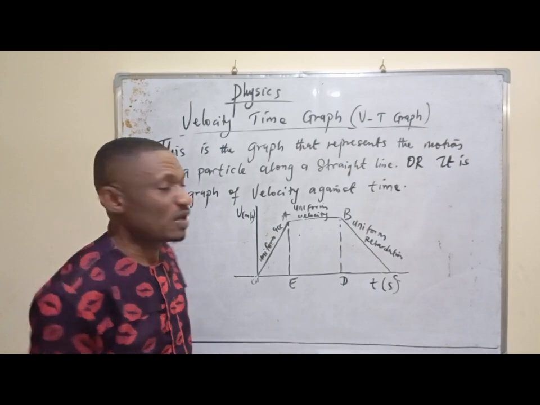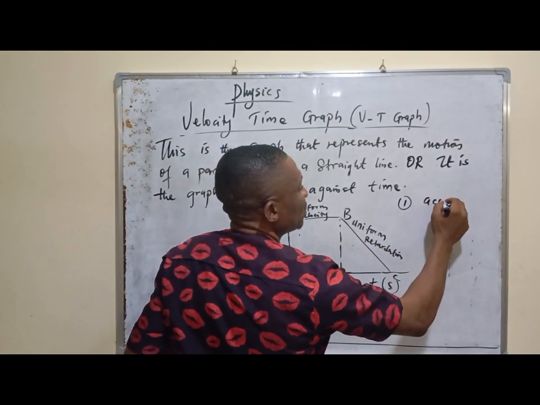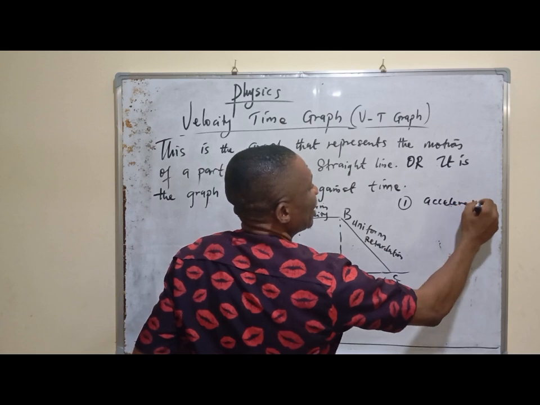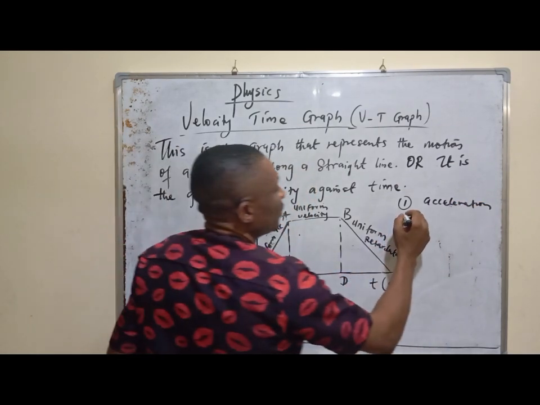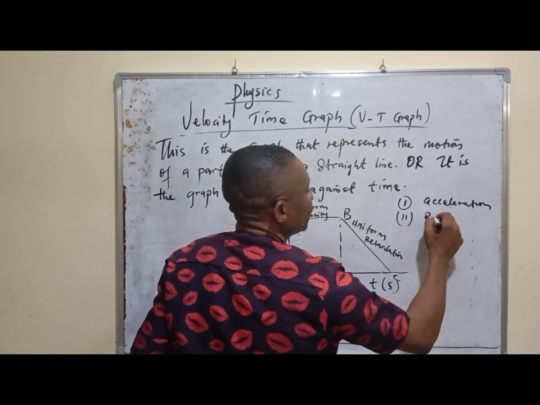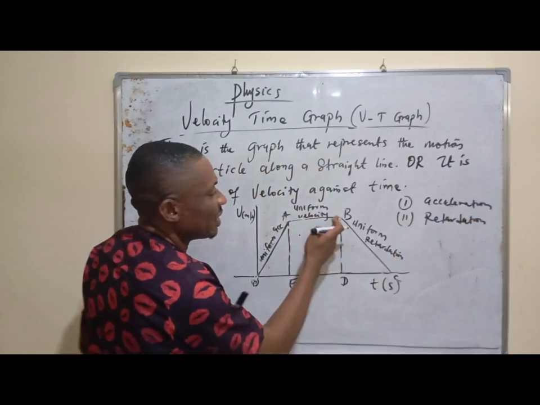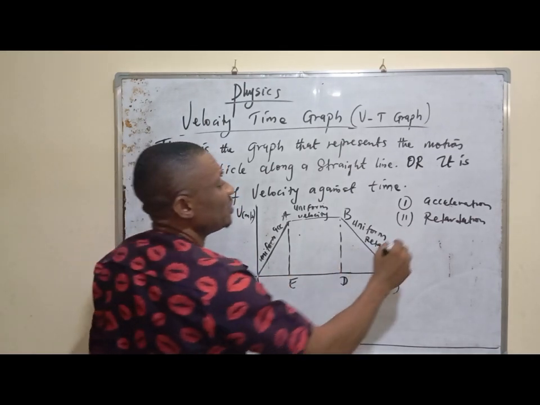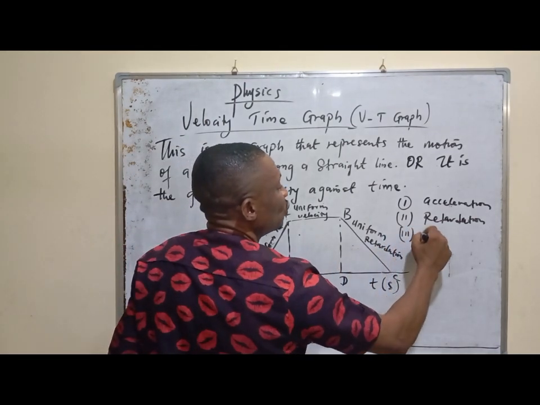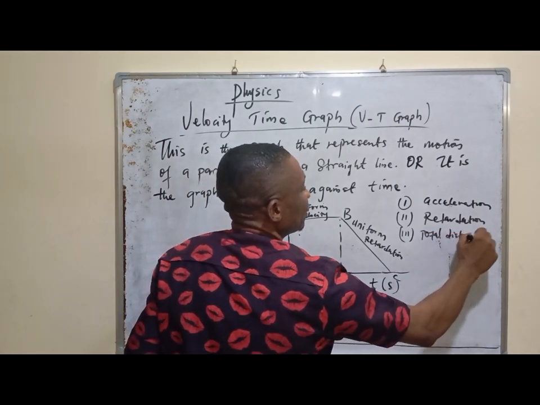What are the things we can obtain from this graph? Number one is acceleration. You may be asked to calculate the acceleration at OA. Another one is retardation, that is negative acceleration. Another thing you can calculate is total distance traveled.